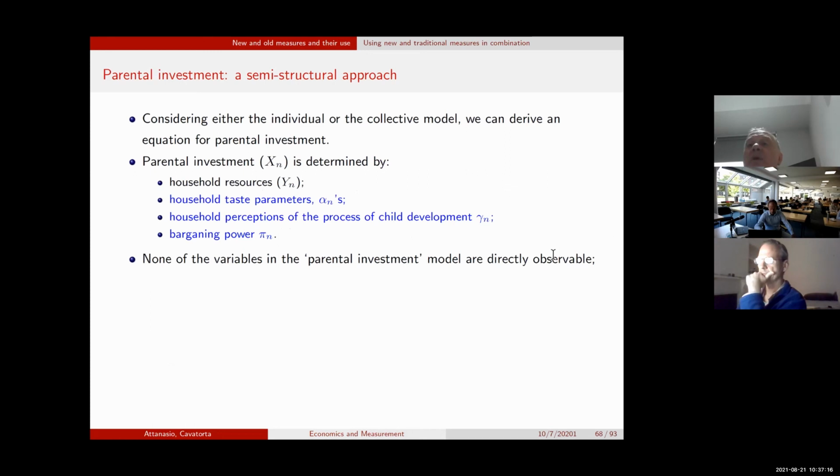It's a more complex model, and as we said before, parental investment is determined by resources, tastes, perceptions, and bargaining power. So let's now use the measures we have to extract latent factors that reflect this.